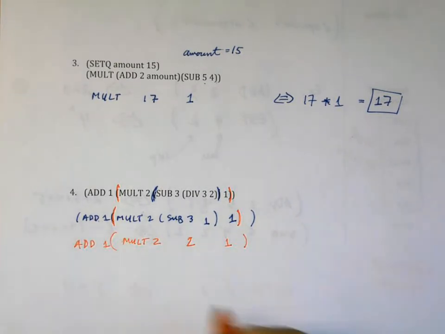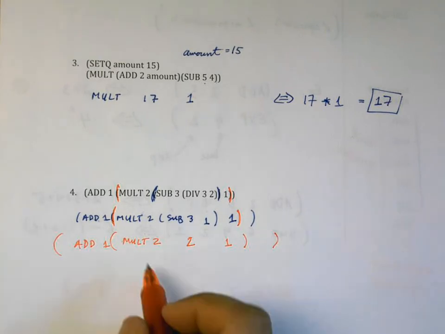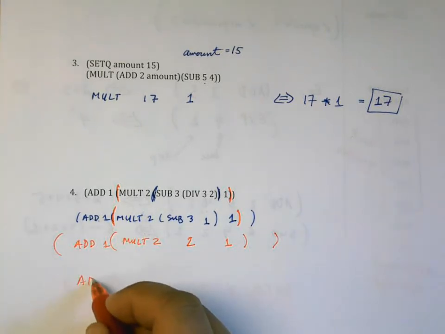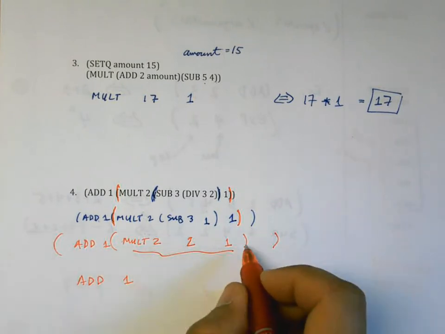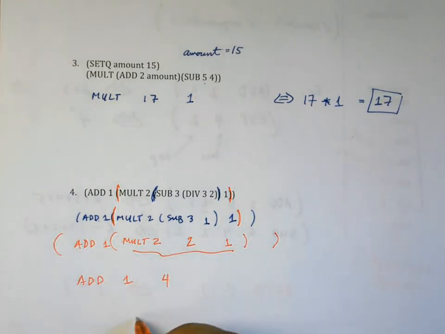This is 2 times 2 times 1. So the final answer is 5. For evaluating these expressions, just work through the problem nice and slow. At this level of learning Lisp, there's nothing super complicated. The most common errors are going too fast or being careless and messy with your work. Thank you for watching. Have a wonderful day.